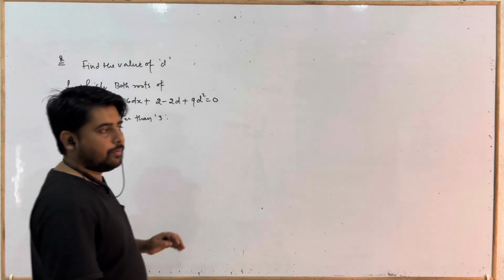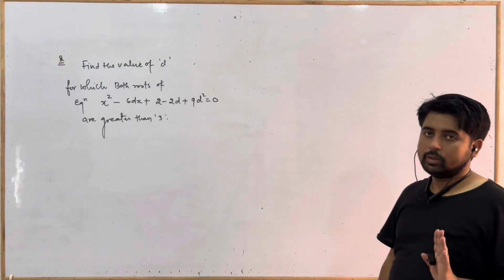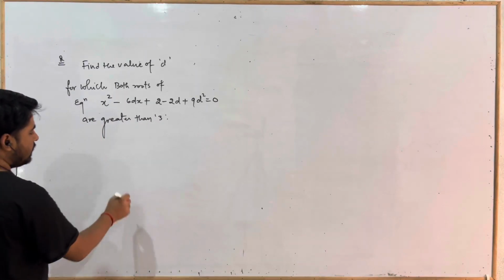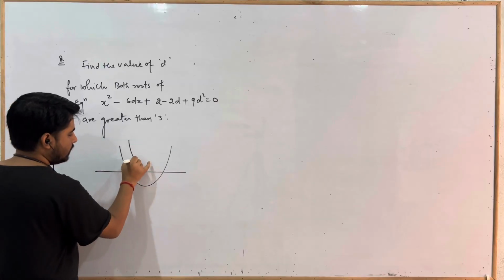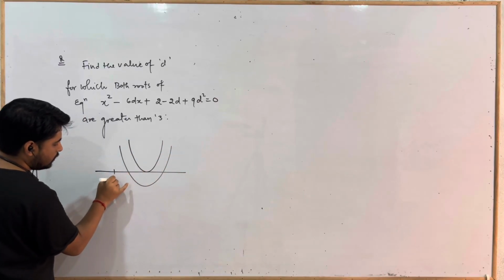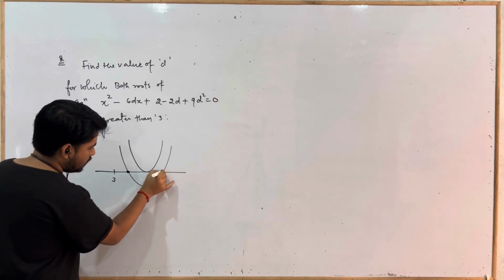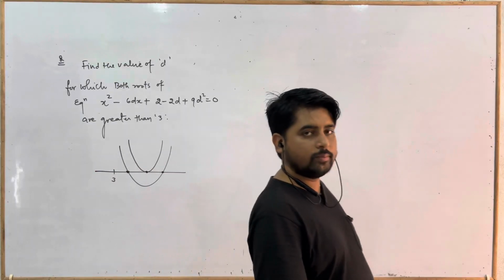So first of all, according to the question, we are going to draw the graph. According to the question, both roots are greater than the number 3. So our graph looks this way. This is 3, and this is the position of the roots, right? So both roots are greater than number 3.